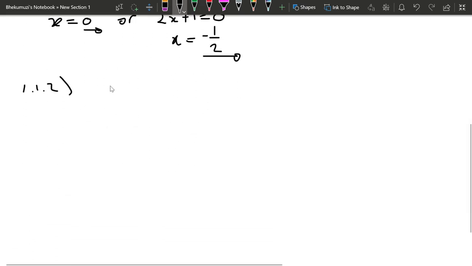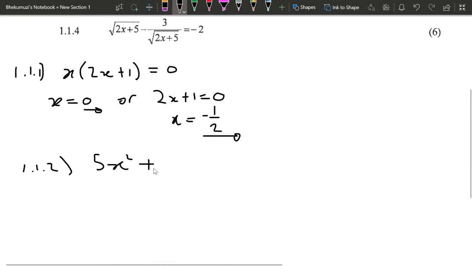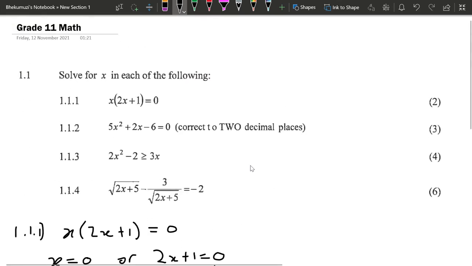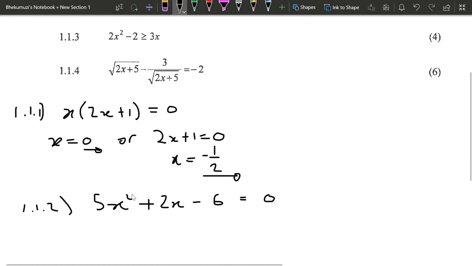So in this case, it's 5x squared plus 2x minus 6 is equal to 0, right? Now, when you look at this, the problem is that obviously you can't find two factors that have whole numbers.